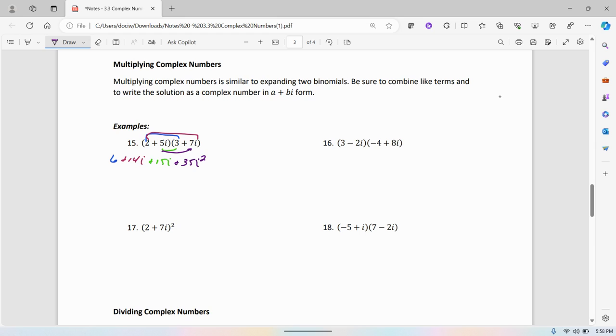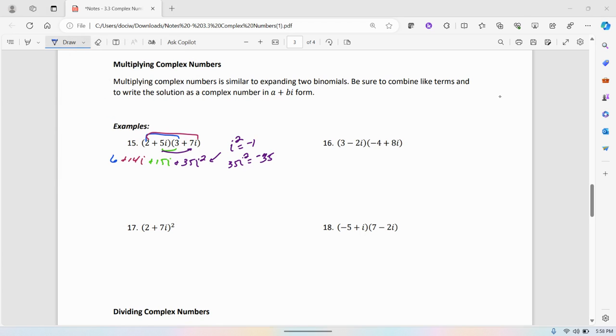Now, this is where this gets a little bit different from factoring or expanding in the past. Remember that i squared is negative 1. So 35i squared is equal to negative 35.